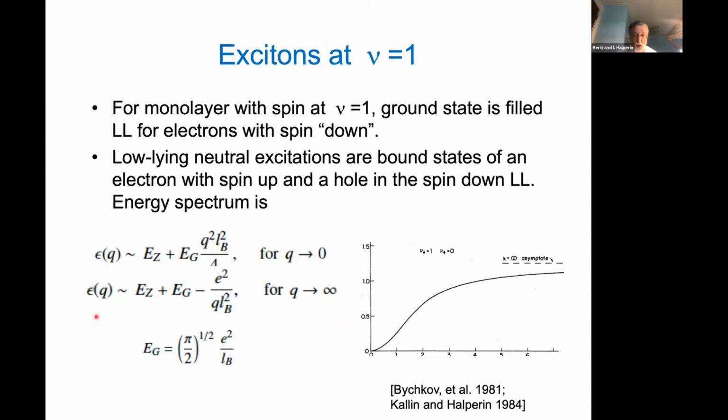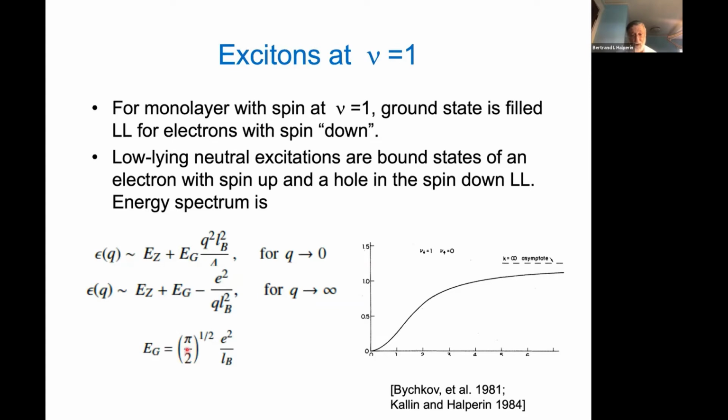And for large Q, it asymptotes to the Zeeman energy plus EG, where EG is the energy of an isolated electron and a hole very far away from each other. It's the naive energy gap for a single quasi-particle, a single electron, a single hole.